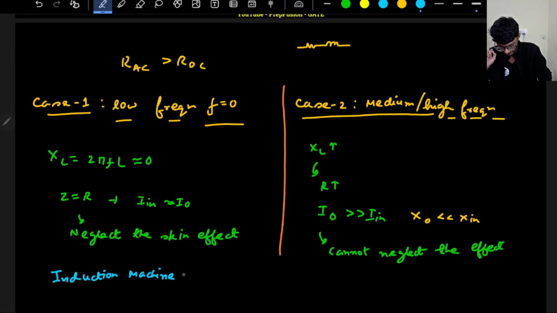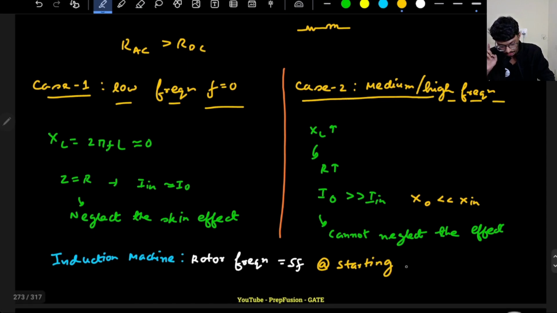Induction machine rotor frequency. The rotor frequency is equal to S times F. At starting, the slip is 1, so the rotor frequency Fr is F, which is high.